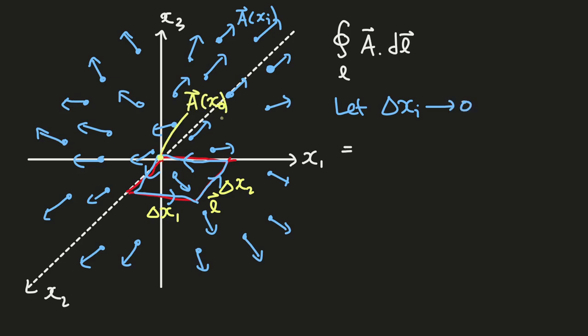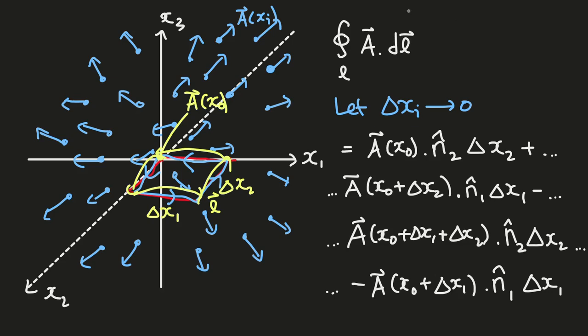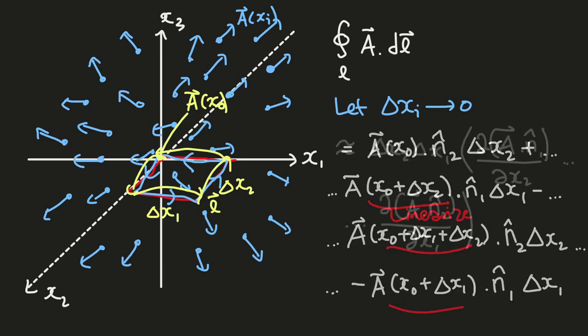We start looping from this to this. We get the result of the integration for the first part as this, and so on for the other paths, so we get this. Again, because of the infinitesimal shift, we can linearize this A, so we get the final result as this.